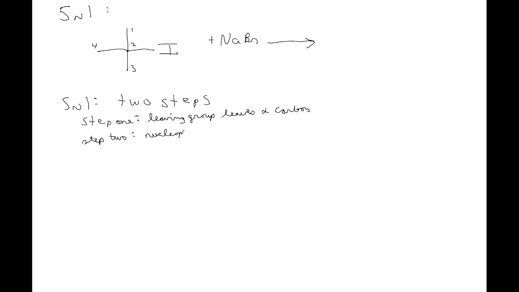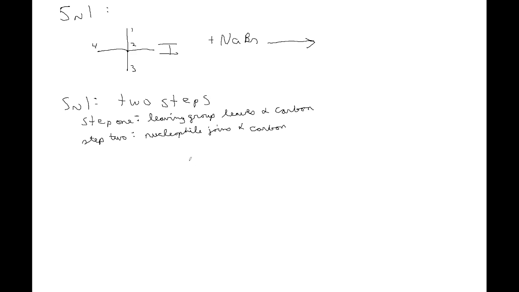Yeah, the alpha carbon. Then the nucleophile joins the alpha carbon. So do you see, that's exactly the same thing that happened in SN2. It's just we're pacing it out into 2 separate steps now. Okay. So it's crucial to memorize that these are the steps.